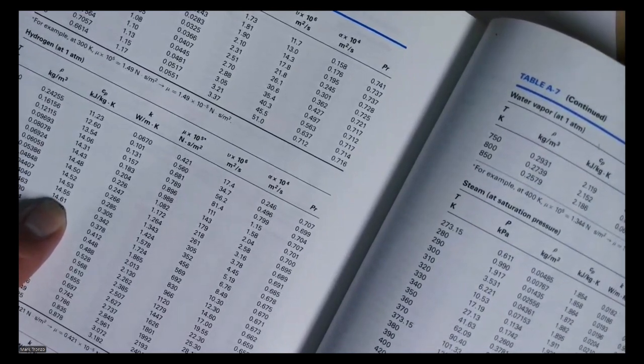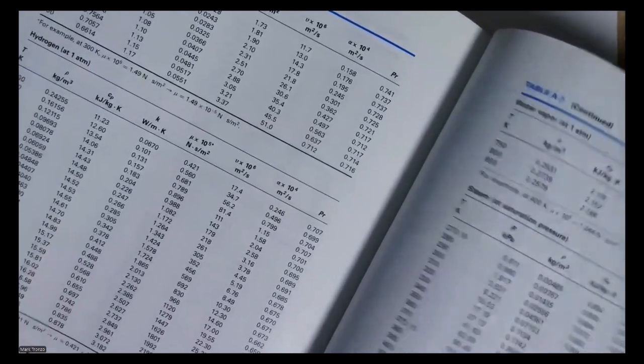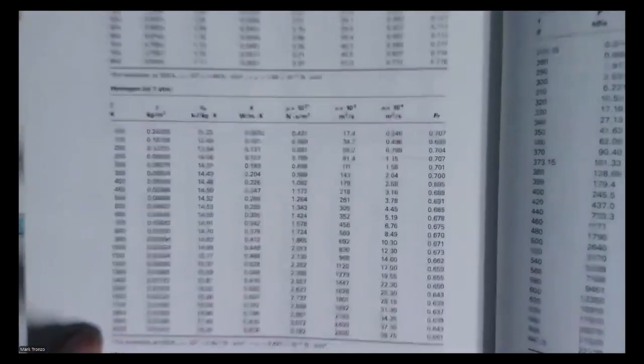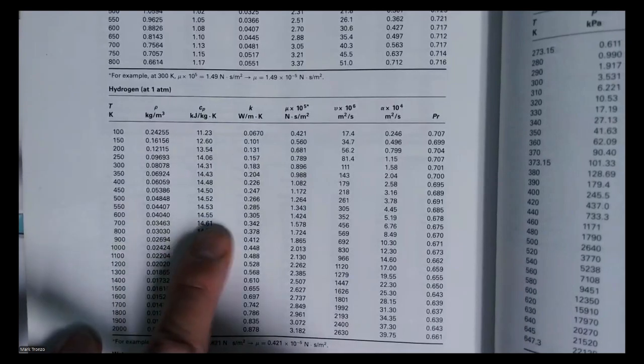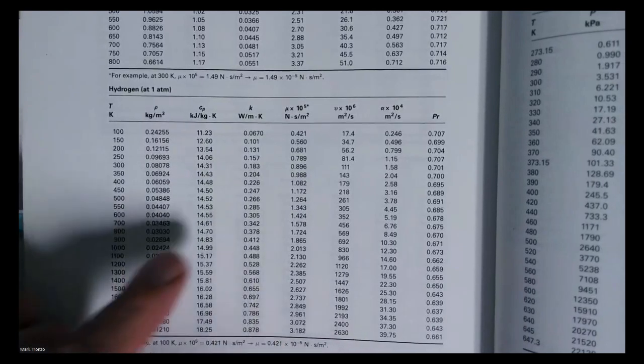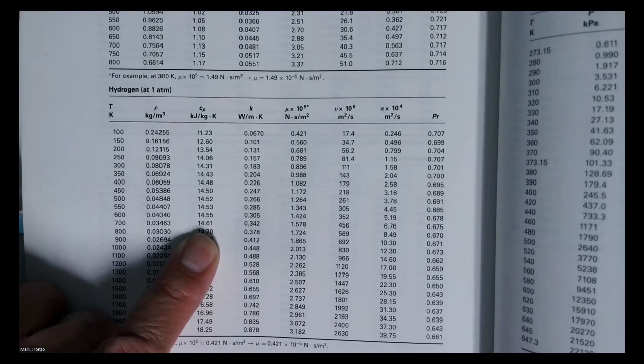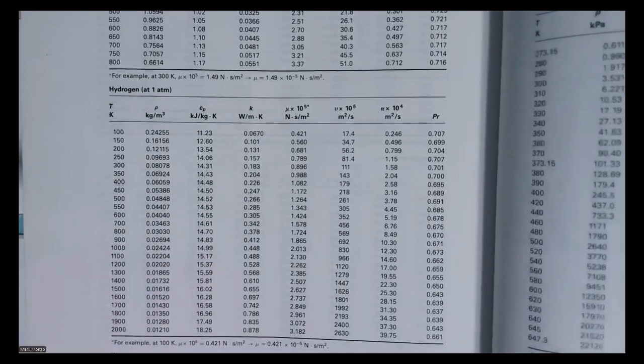So that's going to be about a third of the way between these two numbers. And the difference there is 0.06. So a third of the way would be about 0.02. So we can probably say that C_P will be 14.57.